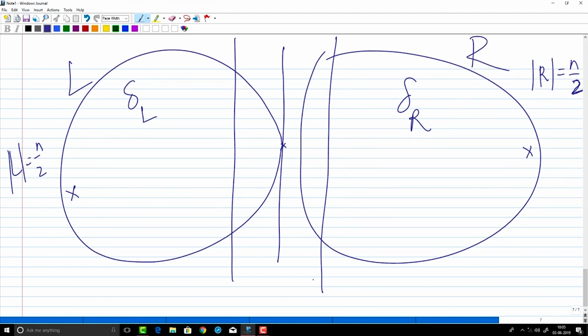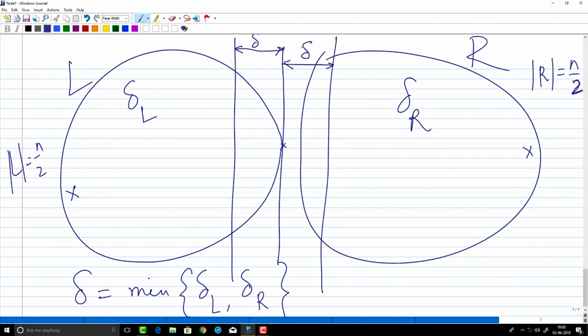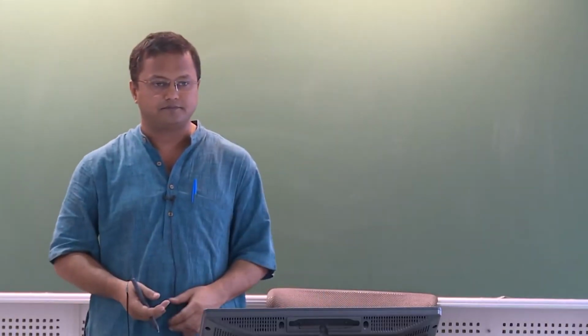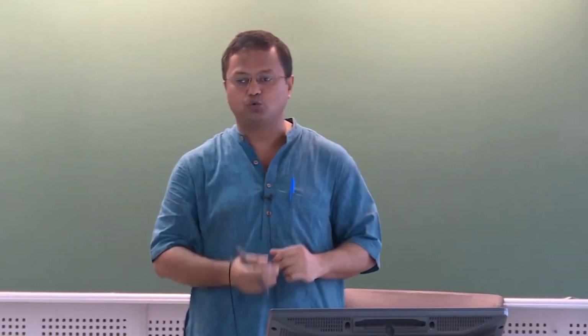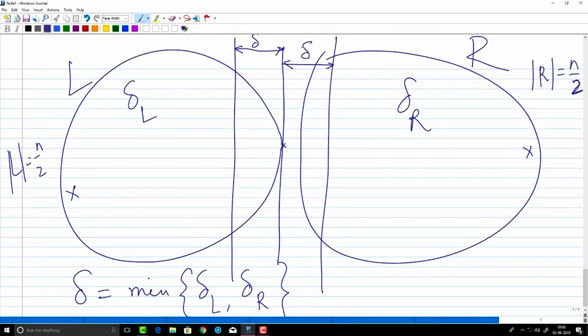Now, let us define a quantity like this. It is the minimum of these two quantities. And my claim is that I look only at this zone of 2 delta around the x median line.